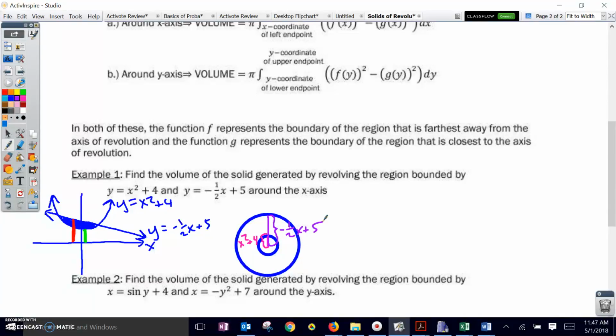And so what we really have going on here is we're finding the volume of the big solid, the solid formed by the outer boundary of the region. So that would be pi times the integral from somewhere to somewhere, we don't know yet, of the outer boundary squared.